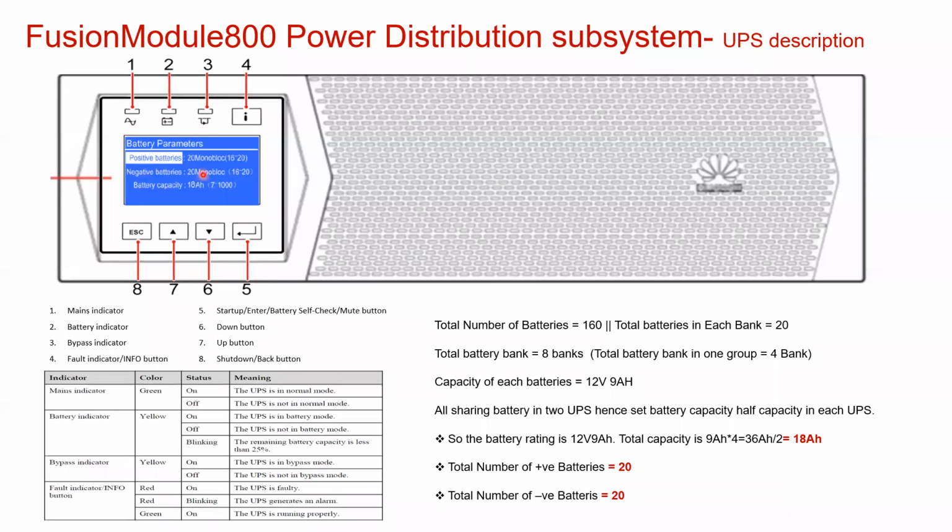For the battery capacity, the calculation is very clear here: how much voltage per battery we are choosing, how much the rating comes to with all the batteries together in one battery bank, and then for the two paths, how much you are calculating as one path. So you can see here, you can choose 18 Ah in this example scenario.